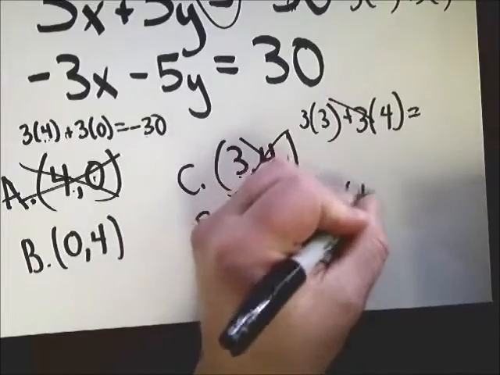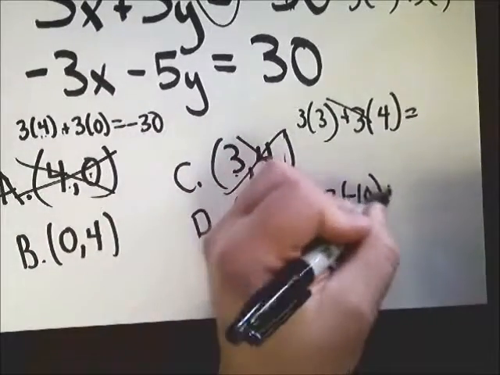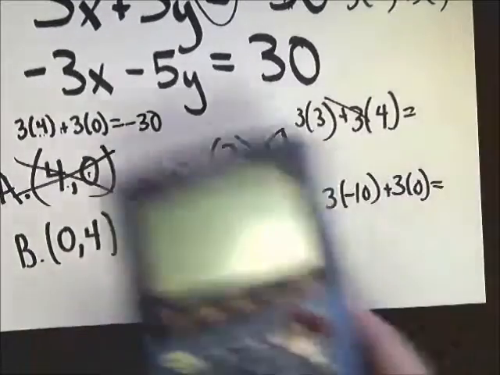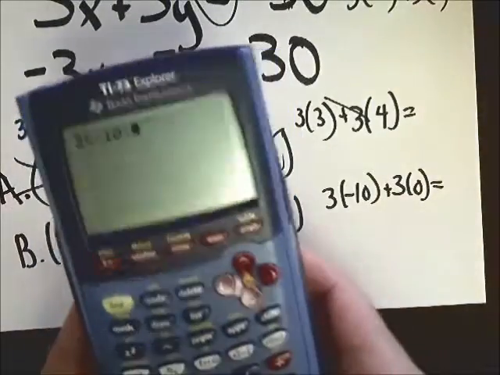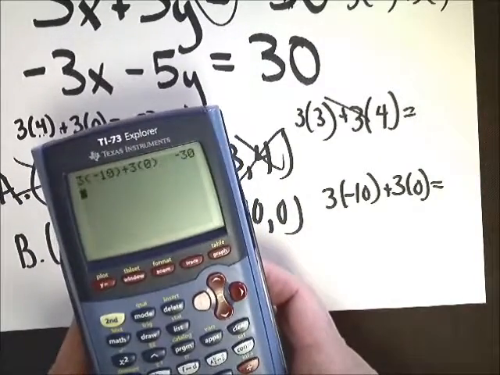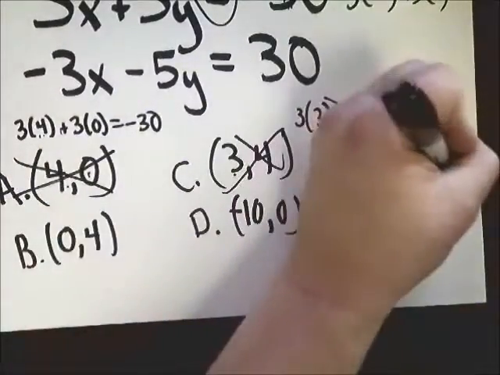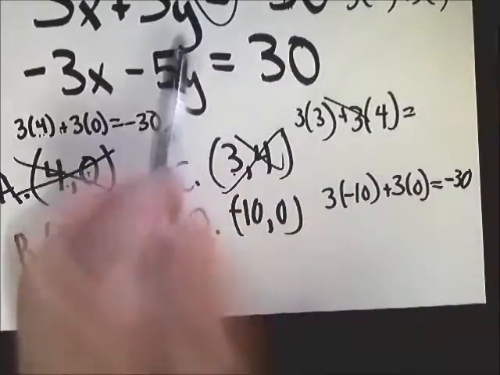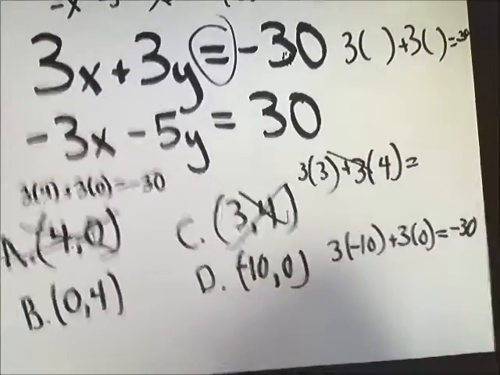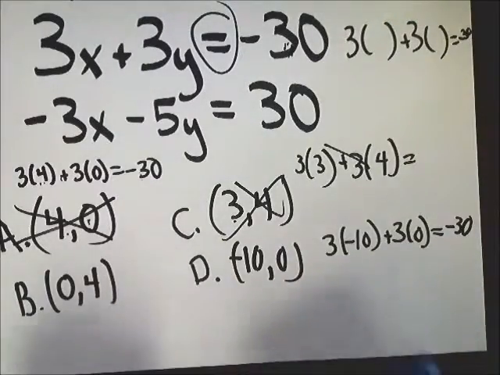3 parentheses negative 10 plus 3 parentheses 0 equals negative 30. Well, that's what it says right here. So this looks like a possible answer. You have to try both.